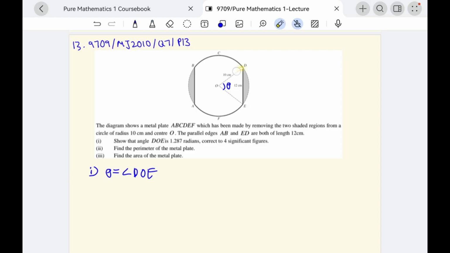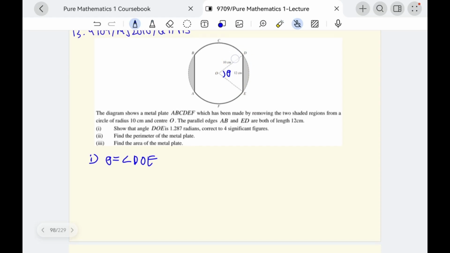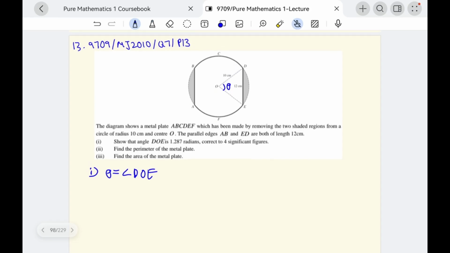You can see there's a triangle over here, an isosceles triangle, so the only way is to use the cosine rule. So what does the cosine rule state?